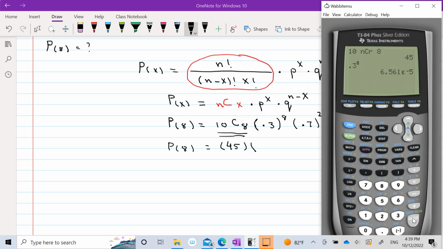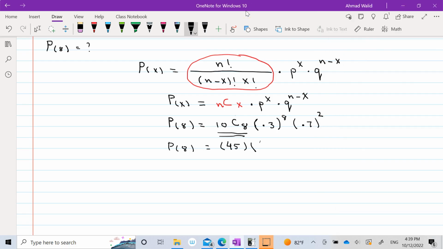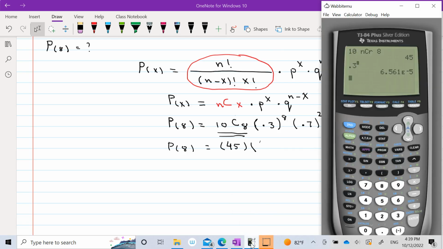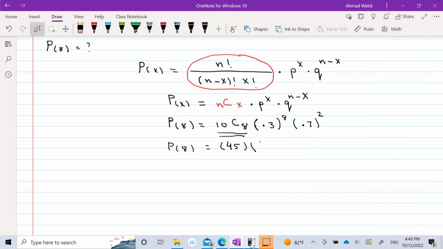It gives you 6 point... Oh, how much was that? It was 6.561 times 10 to the power of negative 5.